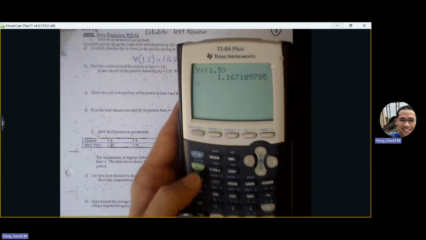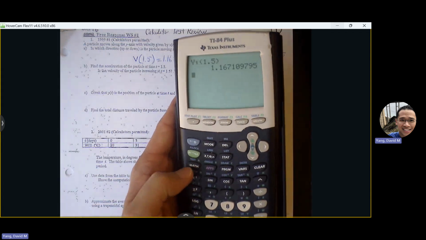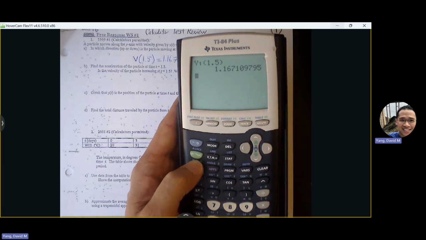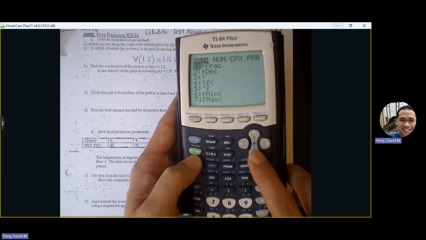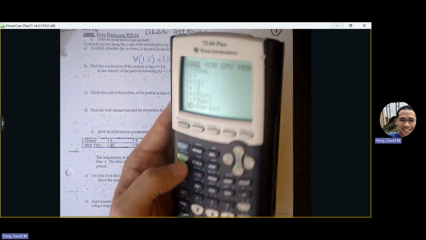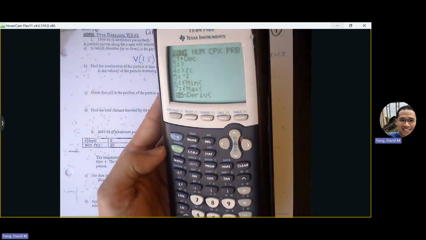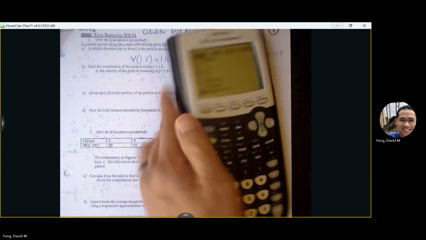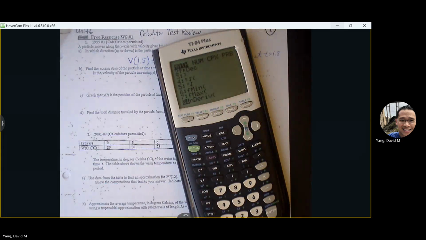There's a derivative feature in your calculator where you can ask the calculator to find the derivative at a point. If you do math 8, you can type in 8 or scroll down to 8, but you'll see nDeriv.